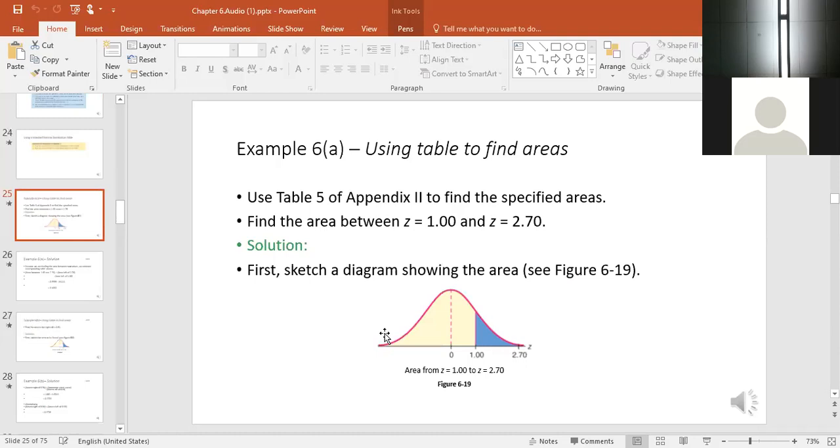This is 2.7. Do you think we can use the empirical rule for this one? We cannot use the empirical rule because it only goes for 1, 2, 3, negative 1, negative 2, negative 3. It doesn't go in between. So we want the probability that 1 is less than z less than 2.7. Calculator.